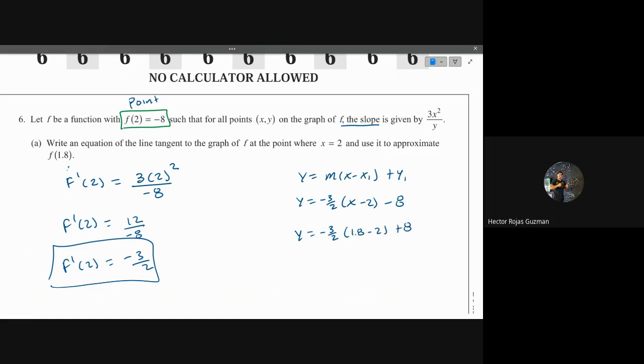Oh, that's not a plus, that's a minus. (1.8 minus 2), that's negative 0.2. That's 2/10. That's 1/5. That's negative 1/5.